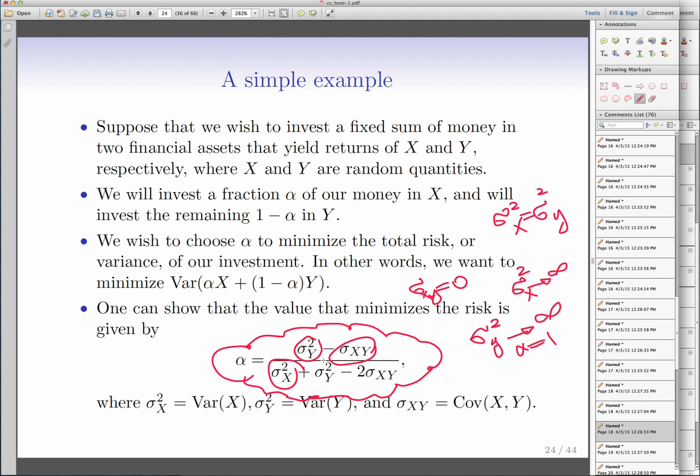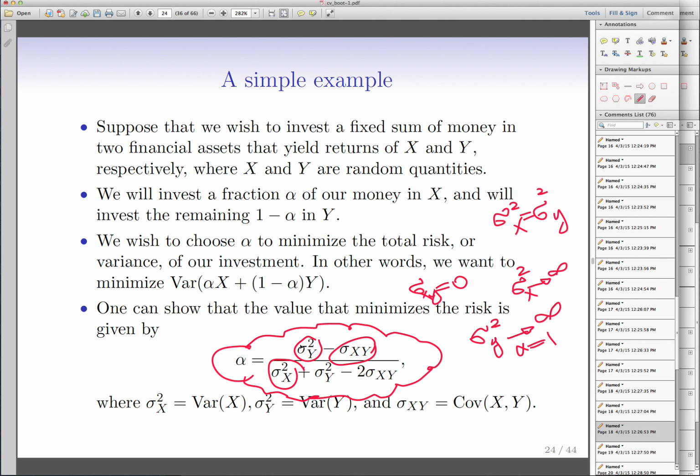So it's very natural that if you have two neutral, equally risky assets, you're going to spend half of it on X and half of it on Y. So basically what this equation shows is, for different values of the variances, how we will divide the portion of the asset we have and spend it on different stocks.